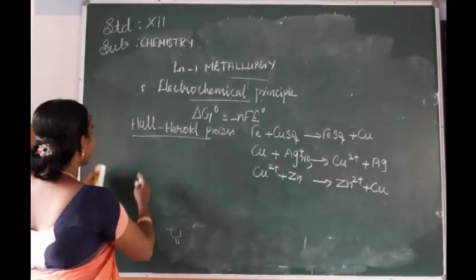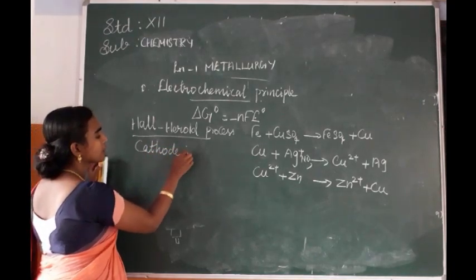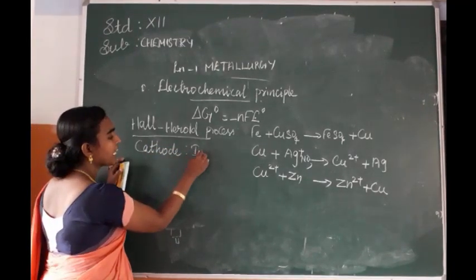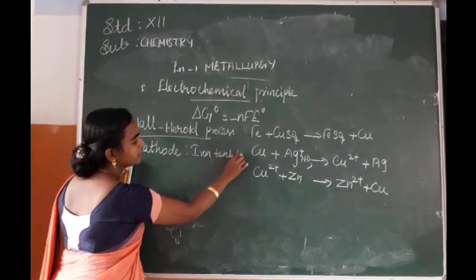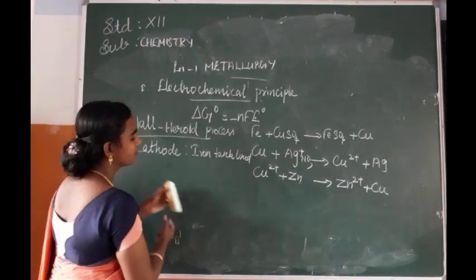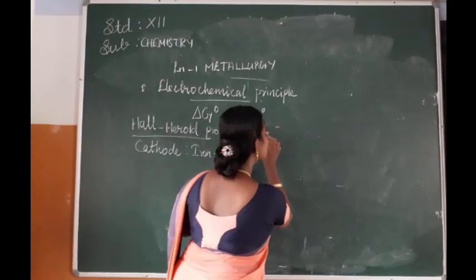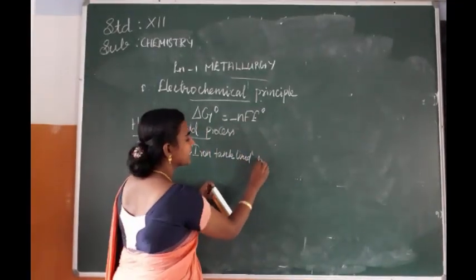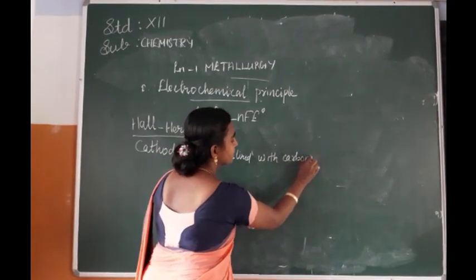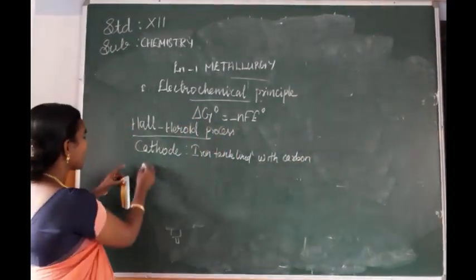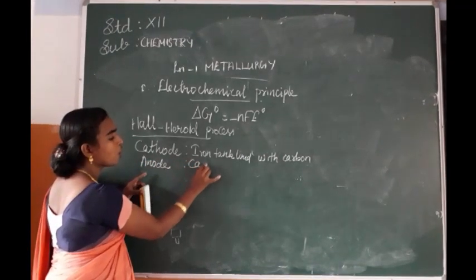So here the cathode should be taken as an iron tank lined with carbon. Is it clear? So next, the anode should be taken as carbon blocks.